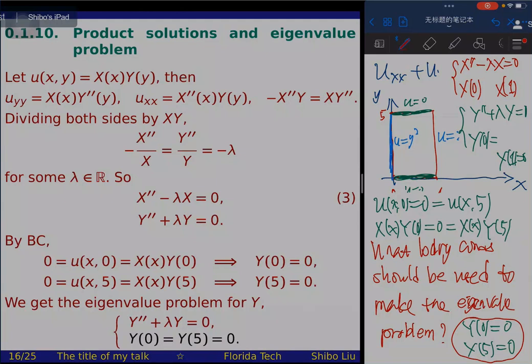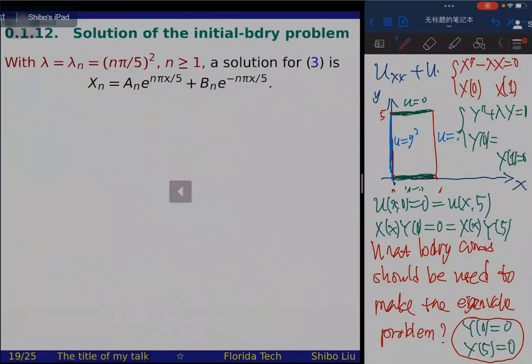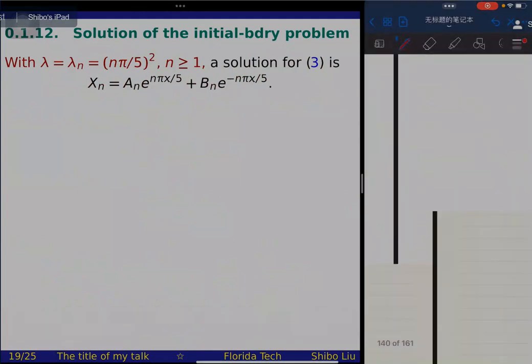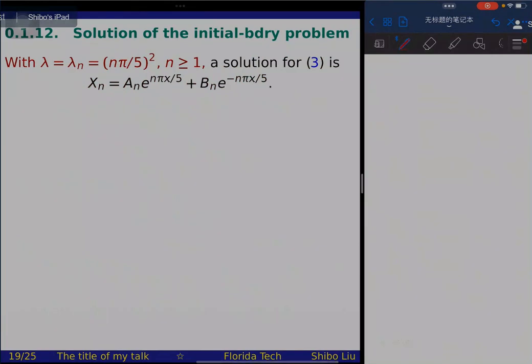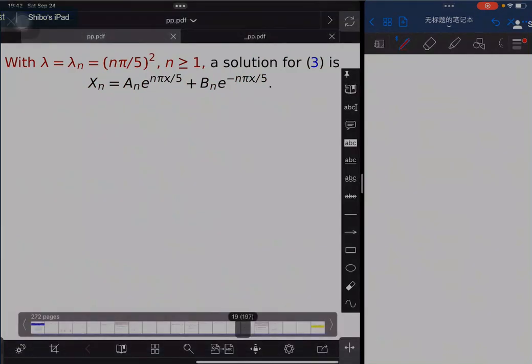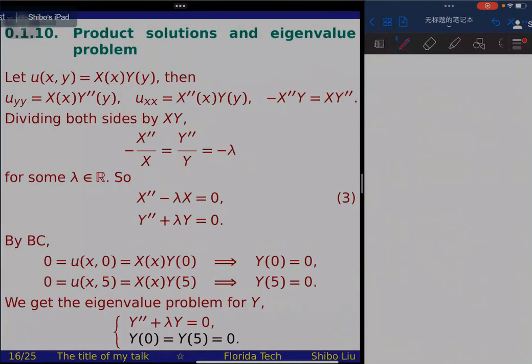For every lambda equal to lambda n, we can solve this ODE for capital X. This gives us capital X as a linear combination of exponential functions. Remember? Let's go back to the ODE for capital X. Capital X double prime minus lambda X is 0.